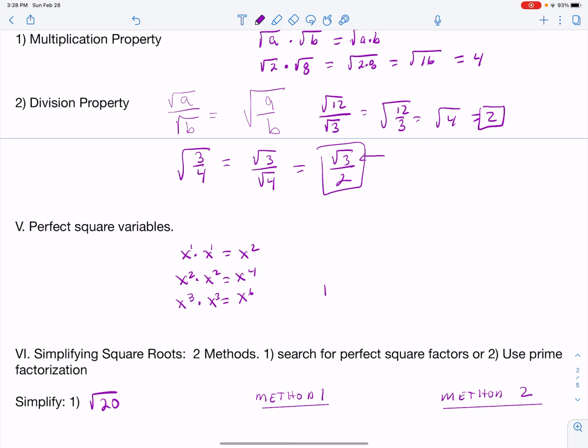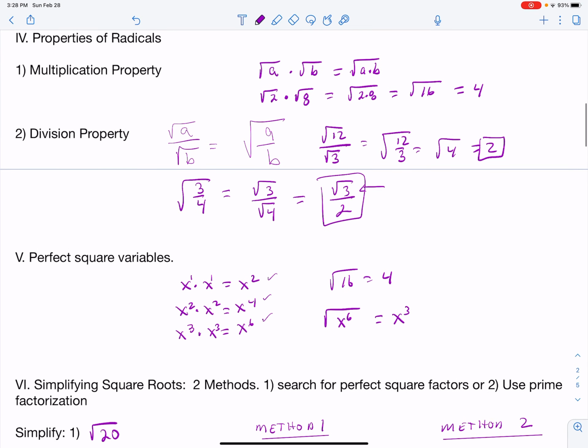So if I wanted to take the square root of x to the sixth, that would be the same thing as x cubed. Why? Because x cubed times x cubed is x to the sixth, just like the square root of 16 is 4, because 4 times 4 is 16. Notice that our perfect squares, when it comes to variables, have to have even exponents. If they have odds, they're not going to be perfect squares. And we'll talk about that in a bit.